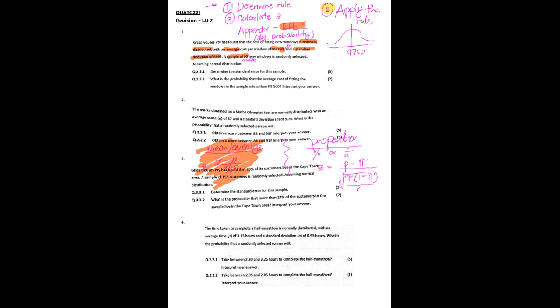So the standard error is calculated as what you see in the denominator here. It's the standard deviation over the root of n. So the standard deviation they said to you was 995. The n value was 95.